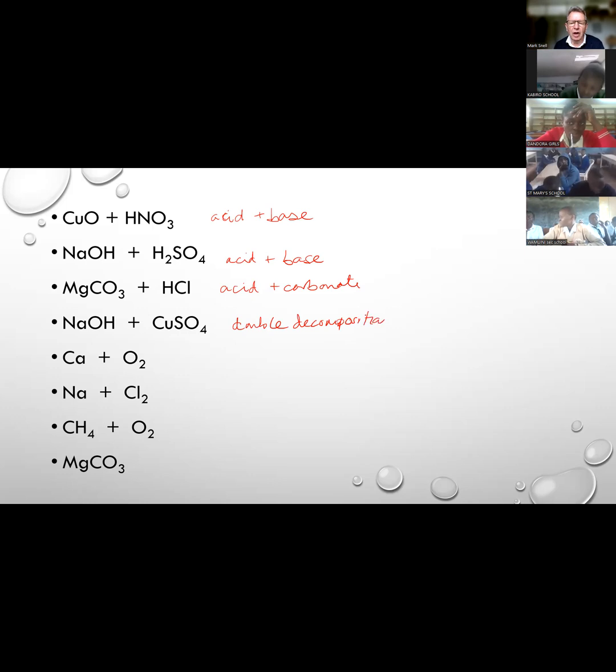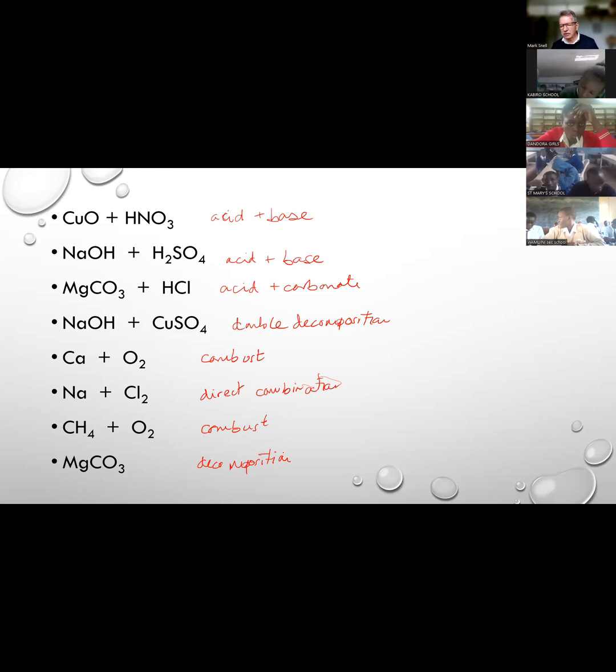This may help you write them. The fourth one is a direct combination or combustion. The next one is direct combination. In other words, they just join together. Sorry about my handwriting today. This one is another combustion. And the last one must be a decomposition because there's only one thing present.